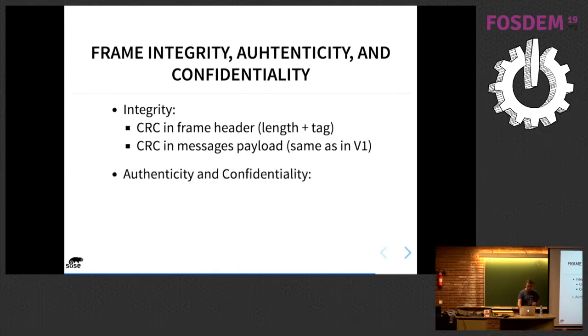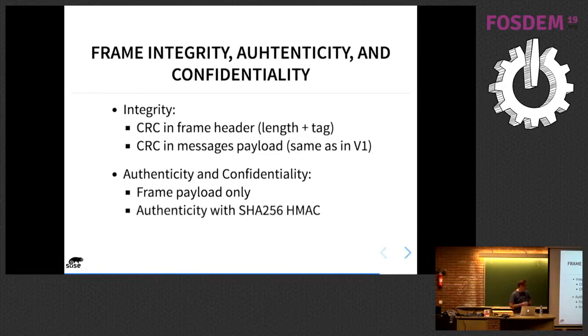Authenticity and confidentiality are given only for the payload of a frame, so the kind of the frame, the frame length and the frame tag are not signed or encrypted.